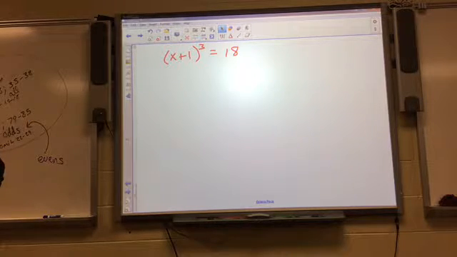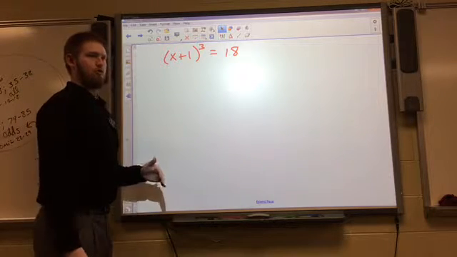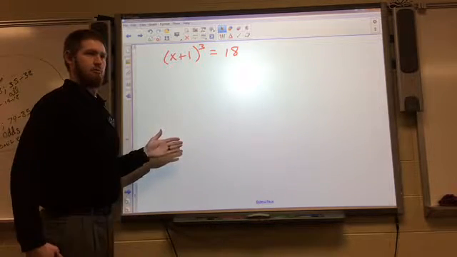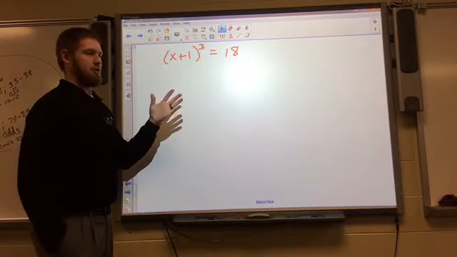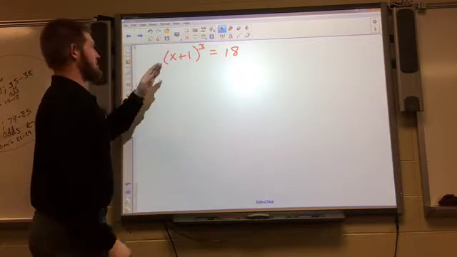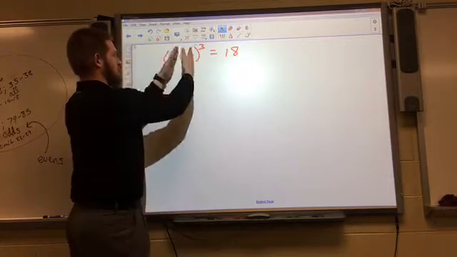How do I start to solve this? Why do I have to cube root first? Because remember, when you're solving an equation, you're doing order of operations backwards, right? So you're doing parentheses, exponents, multiplication, division, addition, subtraction. Well, there is addition and subtraction, but it's on the inside of your parentheses.